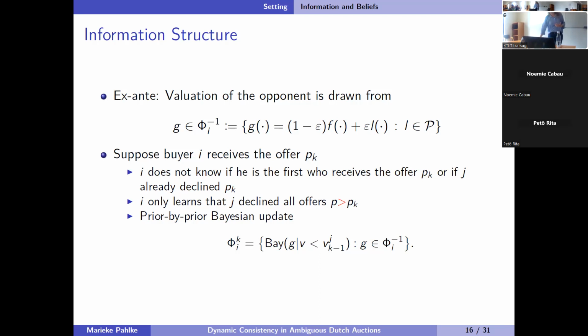Since we have the cutoff strategies, I know the types who would have accepted prices higher than PK. I know that they haven't accepted, so I know the type has to be lower than these types. So our set of beliefs is just the prior-by-prior Bayesian update of each of these beliefs in this epsilon-contamination given this information. That's the information I learn during the game and how I update beliefs.